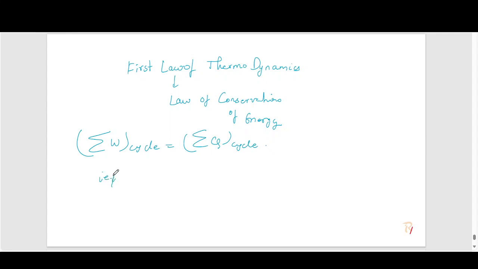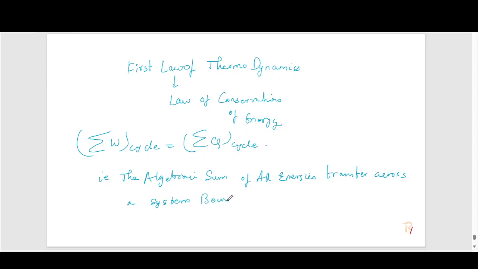I mean, the algebraic sum of all energy transfers across system boundaries is 0.